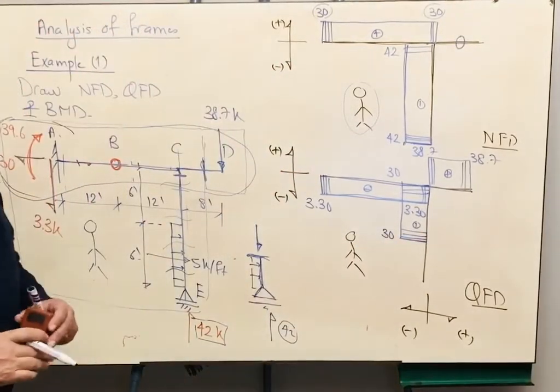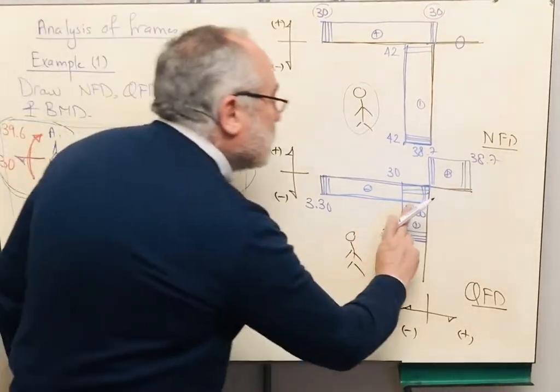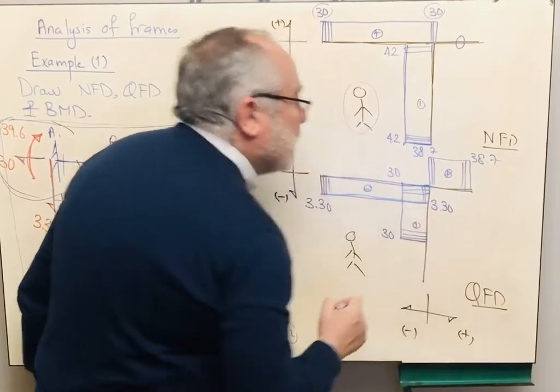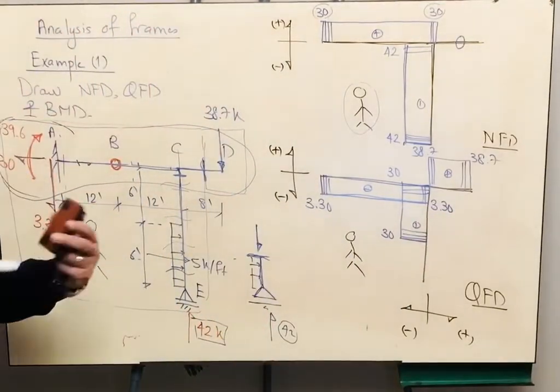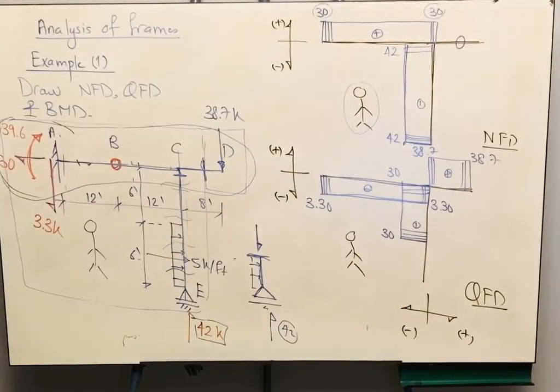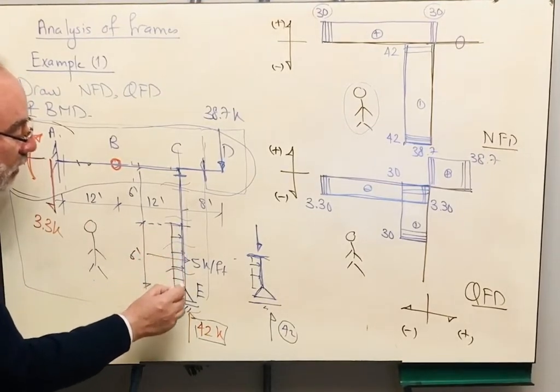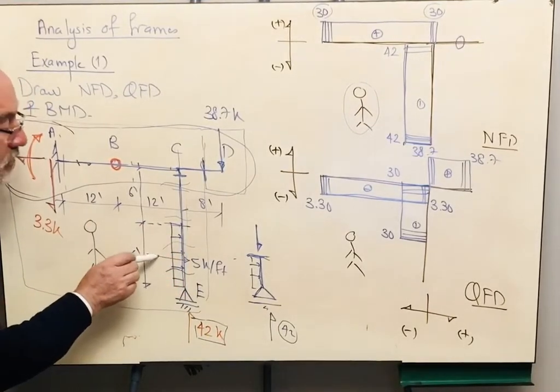Maybe one student will ask me, what will happen here? We are having interference of the diagrams. We like this. We like the diagrams to interfere with each other. It shows that the problem is more complicated and more precious. Now from this point, we are having an applied distributed load. It is pointing in this direction.